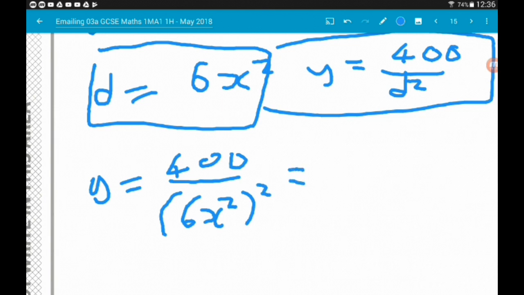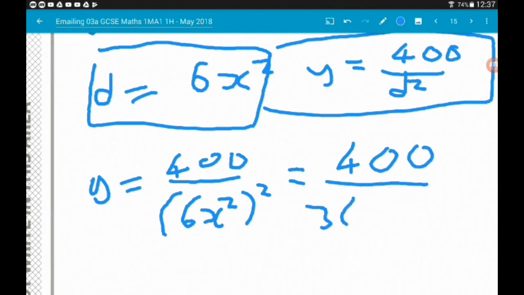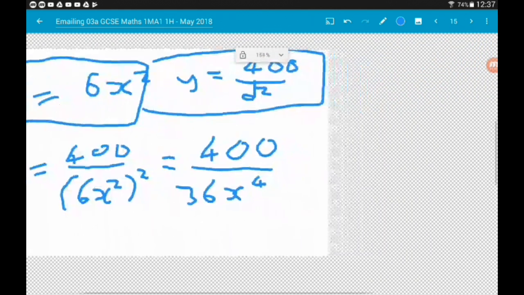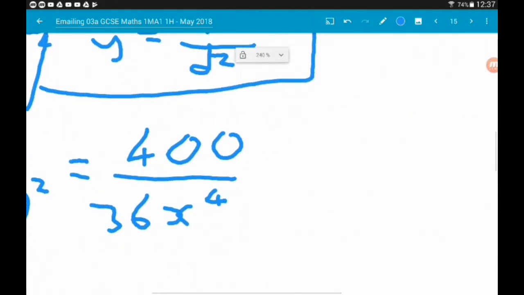Now, when we square that bracket on the bottom, we get 36x to the power 4. Now there's one last thing to do here. There's a common factor of 4 between the top and the bottom.